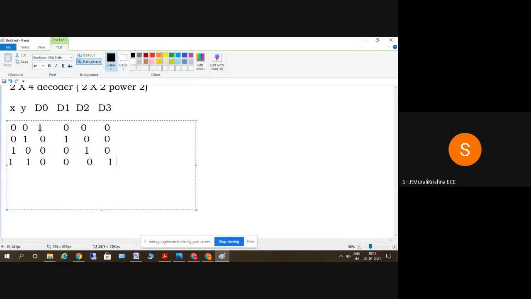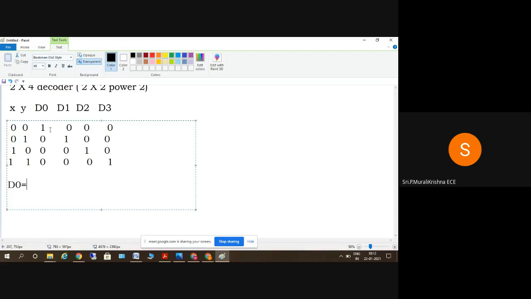If d naught is 1, all the remaining should be zeros. Now, if I take the K-maps or derive the equations for this 2 to 4 decoder, tell me the equations for d naught, d1, d2 and d3.